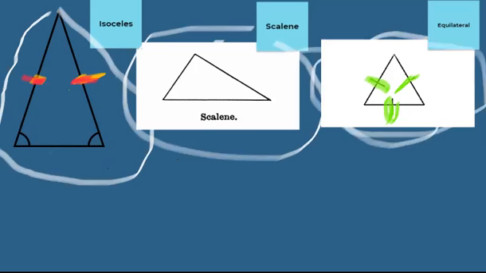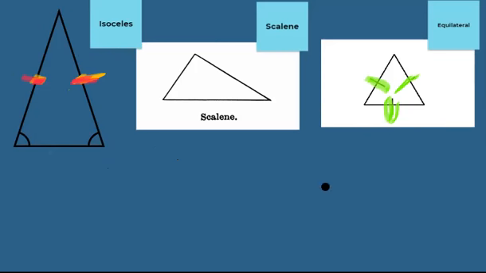These triangles have lots of ways you can identify them. Isosceles has two equal sides, scalene has no equal sides, and lastly, there is an equilateral triangle which has three equal sides.